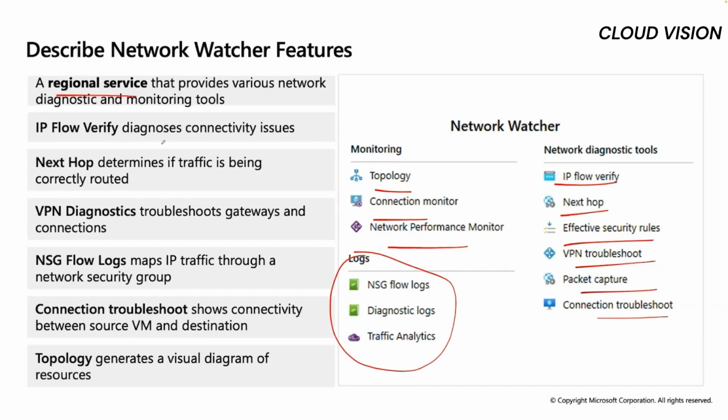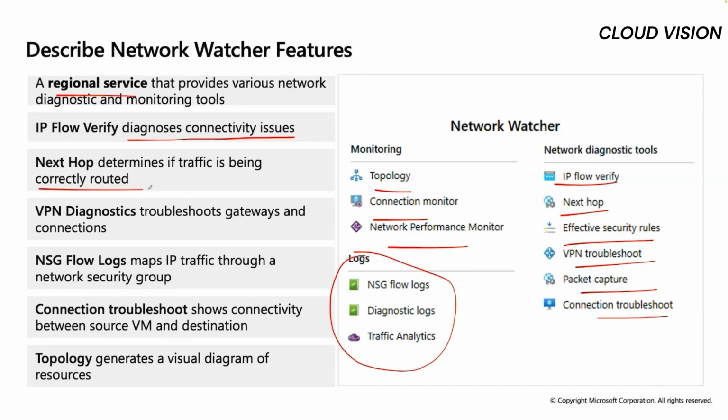So IP flow verify diagnoses connectivity issues. You need to remember these tools and what they do. IP flow diagnoses connectivity issues. Next hop determines if traffic is being correctly routed.